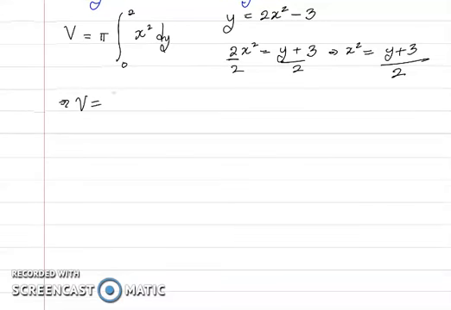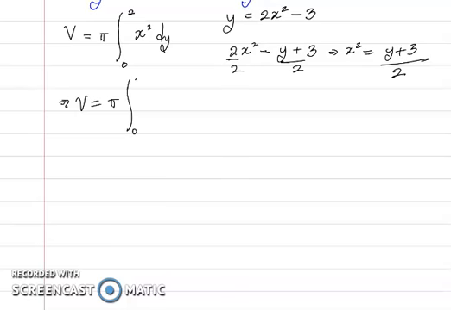All right, so therefore, the volume of the solid of revolution is equal to pi, the integral from 0 to 2 of x squared, and of course x squared is equal to y plus 3 divided by 2, and I'm integrating this with respect to y. Let's pull the 2 out.